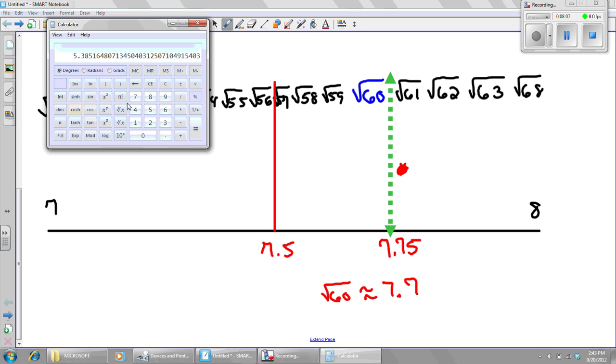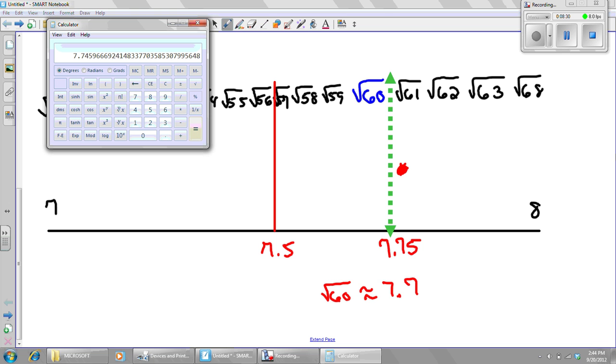So let's see here. Oh, I want to do 60. Sorry. 60 square root. Okay, and look at that. It's 7.7459. So 7.7 is a pretty good guess.